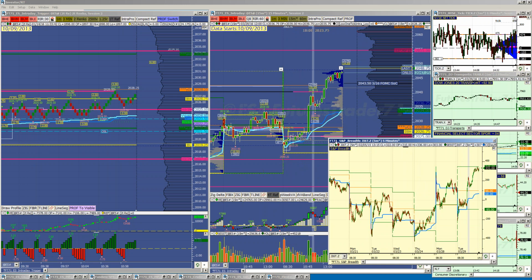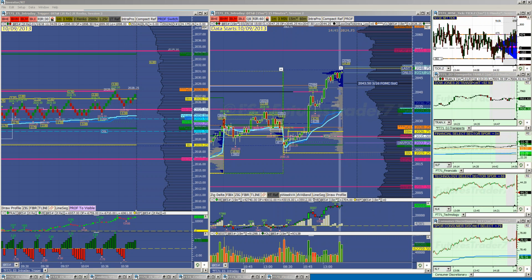Oftentimes I see breadth pushing before the stock baskets start buying and the S&P responds. It's not often that happens, but it gives me a visual, and I keep that chart open on a 5-minute to keep track of what the overall 500 stocks are doing in the S&P 500.